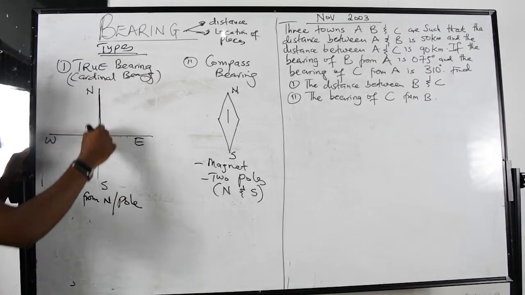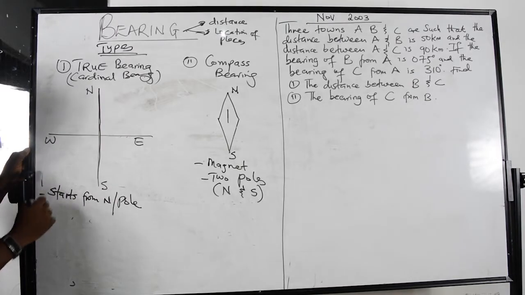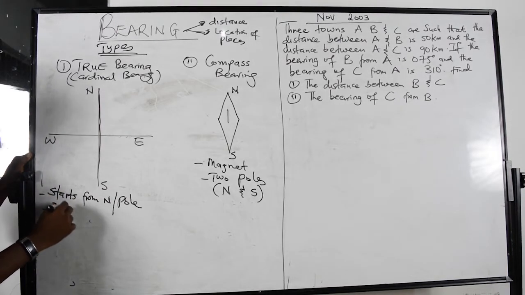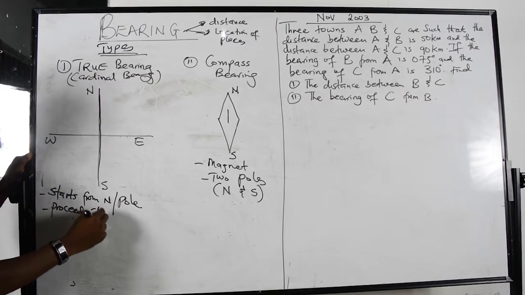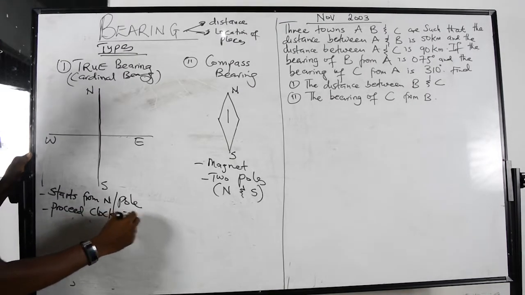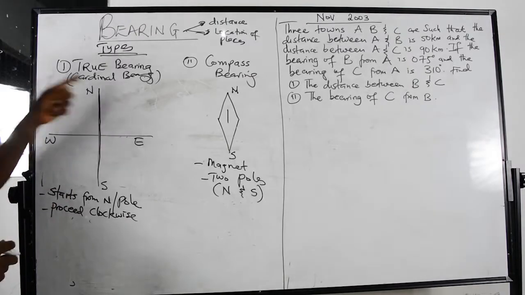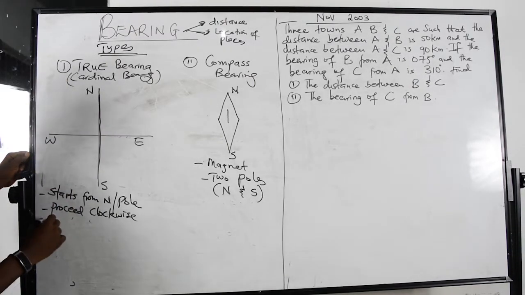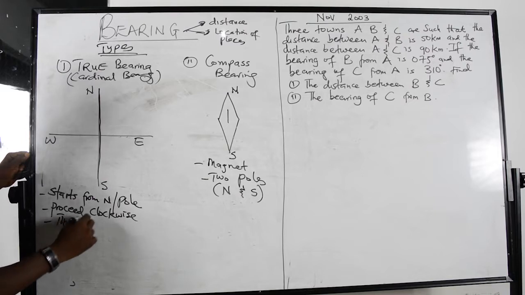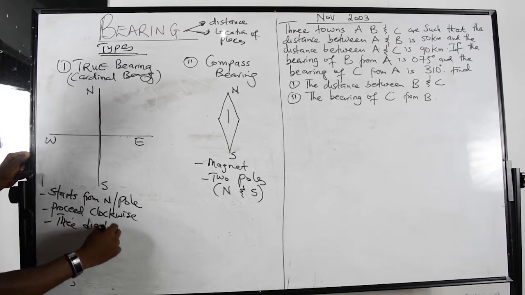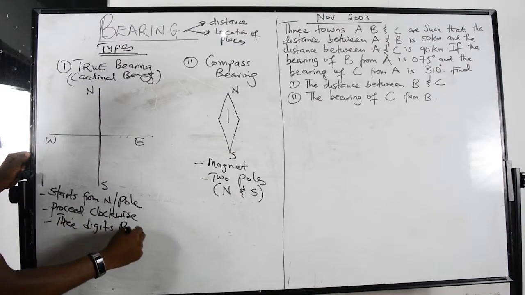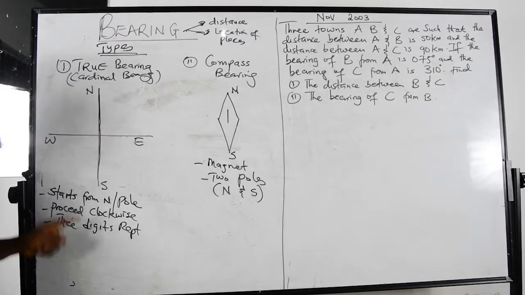It always starts from this pole here, and it proceeds clockwise. According to our syllabus, we are moving with clockwise bearing, and it is a three-digit representation. So we represent bearing in 3 digits.